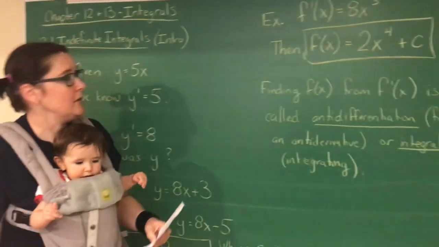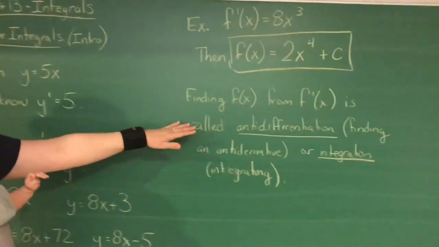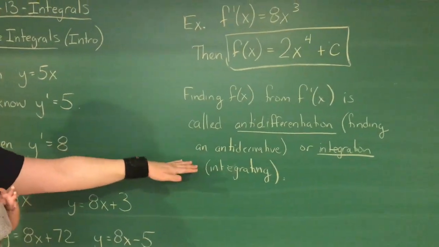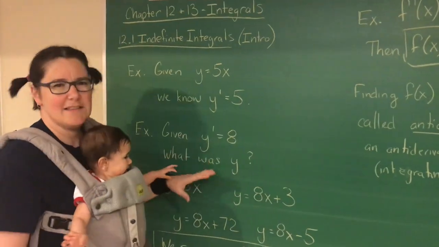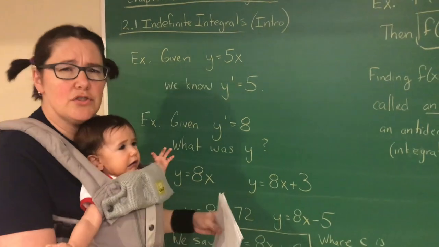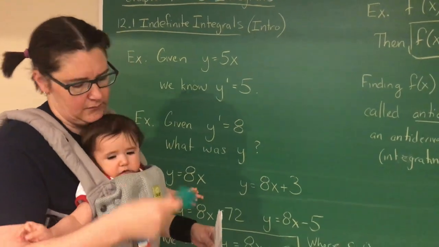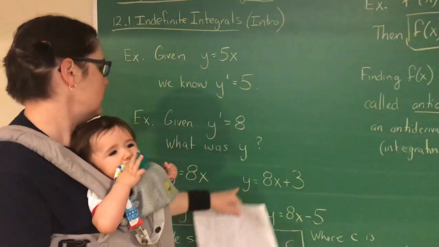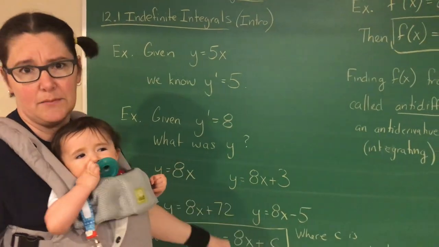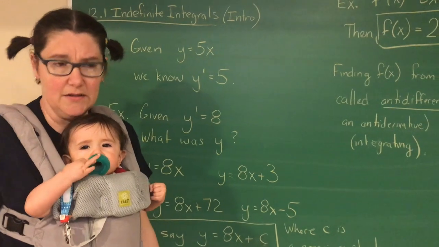Okay, now in our first two examples of anti-differentiating or integrating, in other words, finding the original function from the derivative, we kind of did this kind of haphazardly. Like you used your ideas from when we learned about derivatives and said, okay, if the derivative is 8, then the original function must have been 8x. Then we added on the plus c because of that constant.